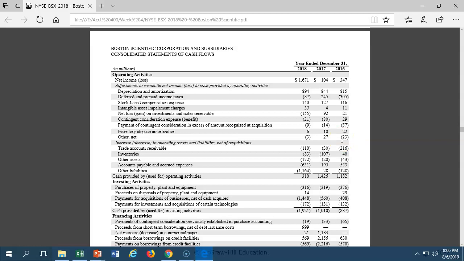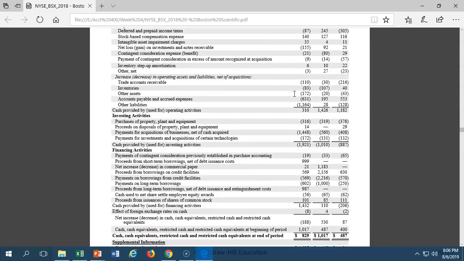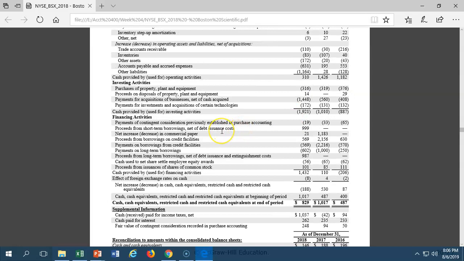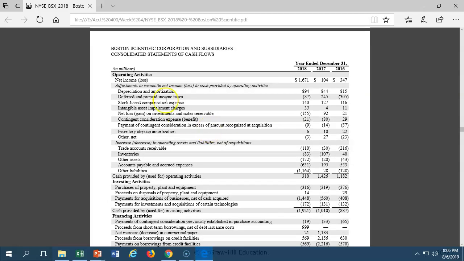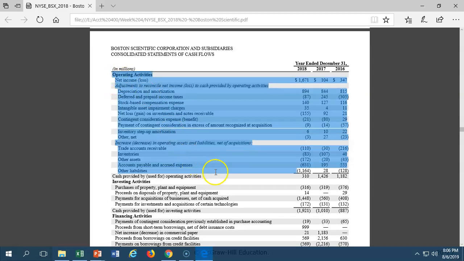What information can we gather about cash from the operating activities? Provided by operating activities, that would be all in this section right here.